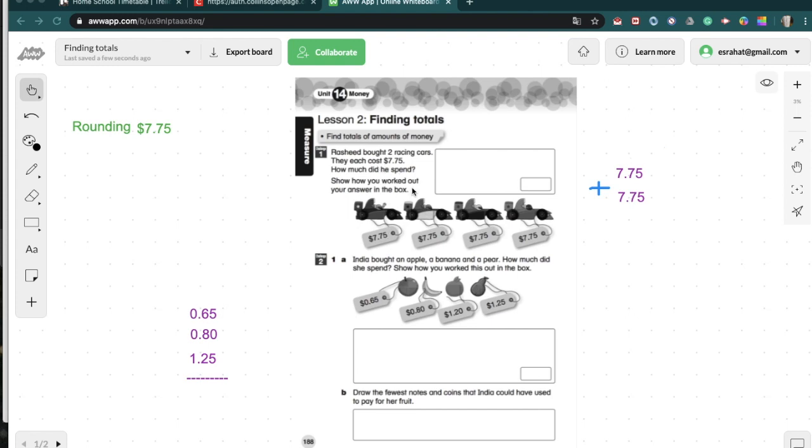So Rashid bought 2 racing cars. They each cost $7.75. How much did he spend? Show how you worked out your answer in the box.